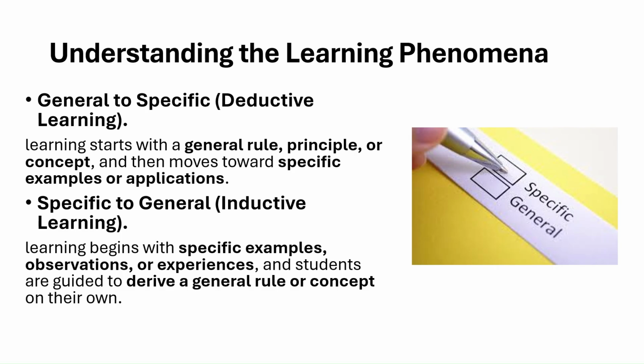The outcome is very clear from the start, but we involve general experiences and observations, derive a general concept out of them, and then try to explain the specific one with these general conceptions. So we go in the reverse order. This is called specific to general. Whenever we are teaching in the classroom, we go with two phenomena, either general to specific or specific to general.